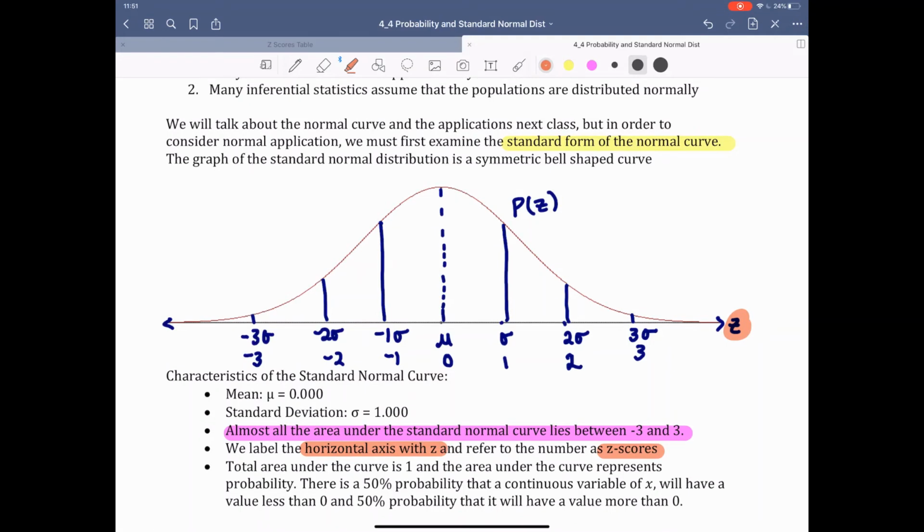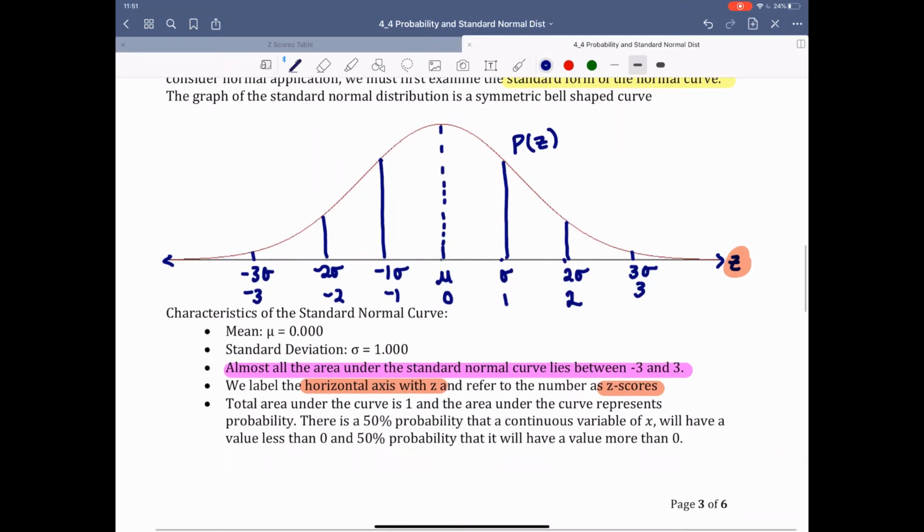And the total area under the curve is equal to 1. You can see here, if you calculate the whole area under the curve, it's equal to 1. And that represents the probabilities, because we know that the probability of all possible outcomes is equal to 1. So there's 50% probability that a variable will be less than the mean, and 50% probability that a value will be greater than the mean.